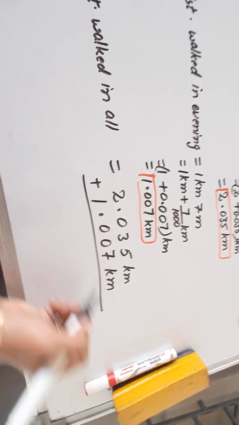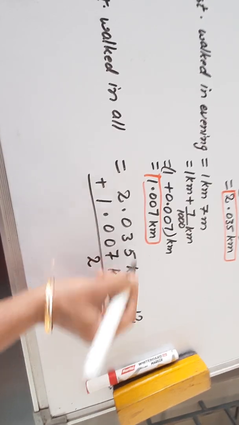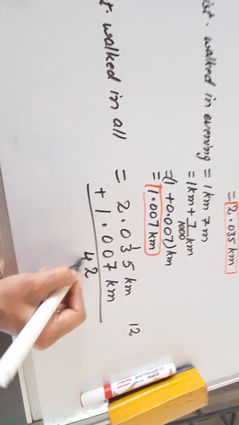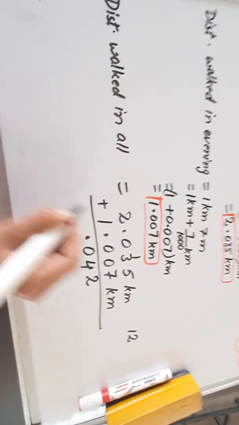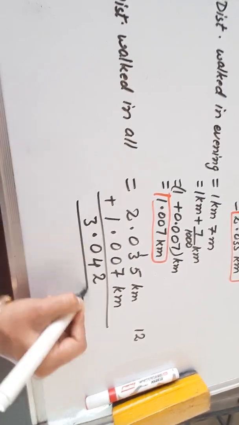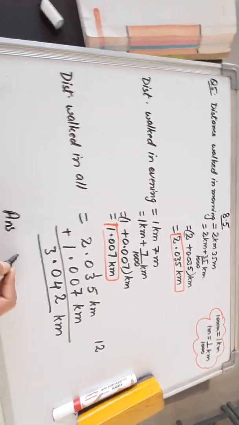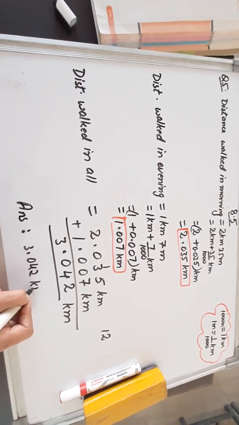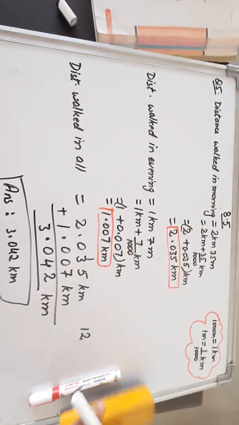So add the two, 7 plus 5 is 12, so 2 and carry 1. 3 plus 1 is 4, plus 0 is 4, 0 plus 0 is 0, place the decimal under the decimal, 2 plus 1 is 3. So this is the distance which Naresh travels in all. So answer is 3.042 kilometers is the distance which Naresh travels in all, right?